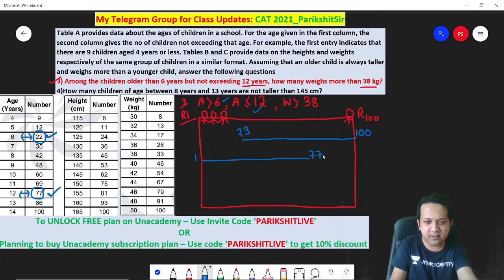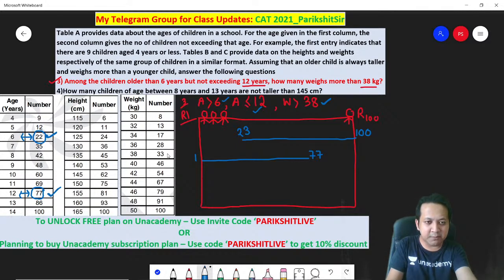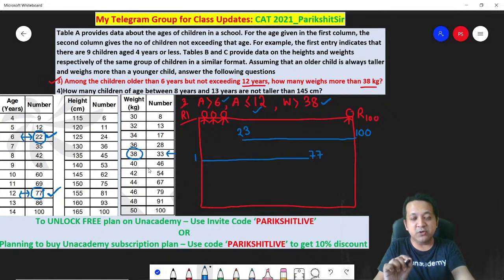Are we okay? Finally, weight is greater than 38 kg. Let's have a look. This number, right? Can you see 38? So weight is greater than 38. Remember, if you are reading the question, it says the table gives you the information about children whose weight is less than that. So basically, this 33 indicates there are 33 children whose weight is less than 38 kg.